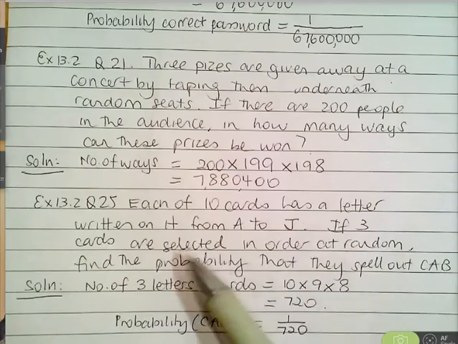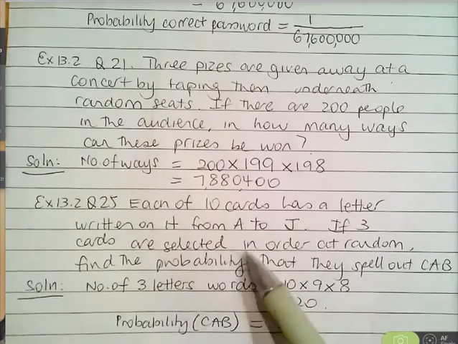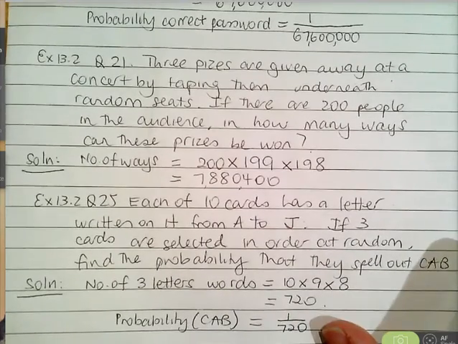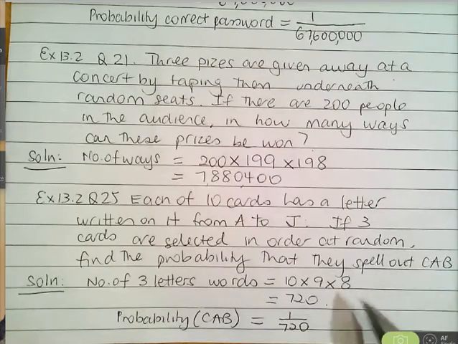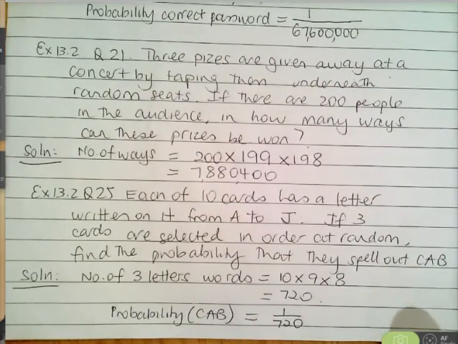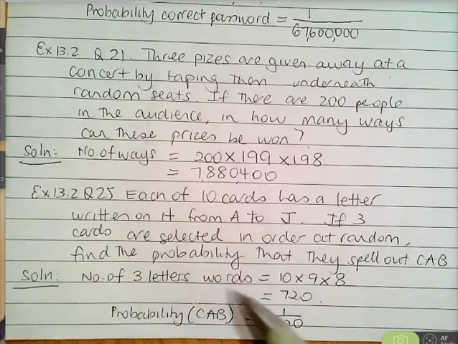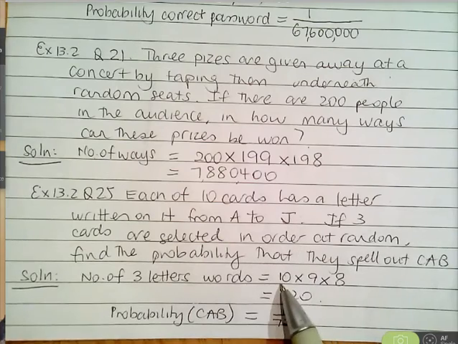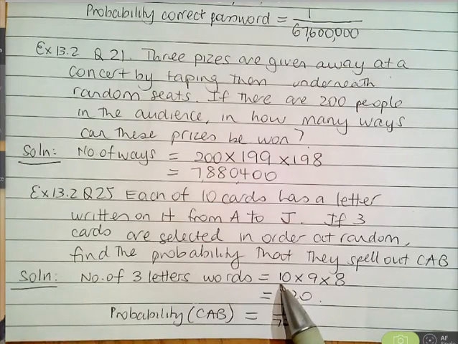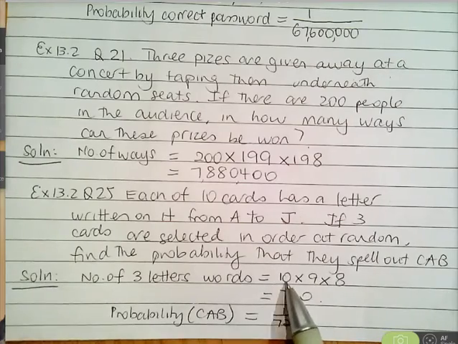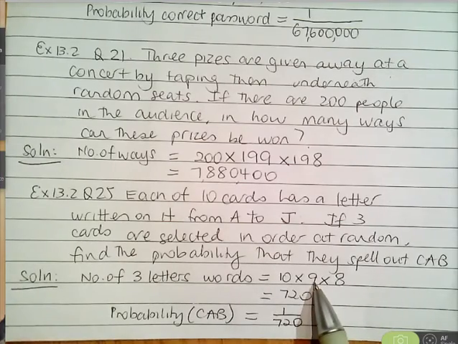Now, if only 3 of those cards are selected in order at random, find the probability that they spell out CAB. So first thing you've got to do is work out the number of 3-letter words that you can get. Now, there's 10 choices for the first letter. It could be anything from A to J. Then, once one letter is used up, there's 9 choices left for the second letter.